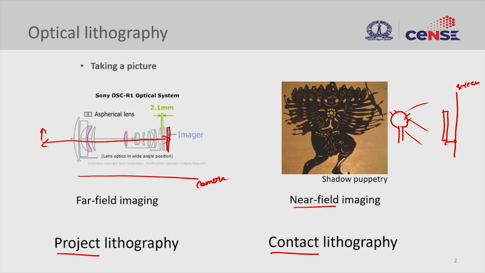And since the object is far away, in the other technique, we call it projection lithography. So in both the cases, the image is formed on the screen. So what is happening on the screen becomes very important.